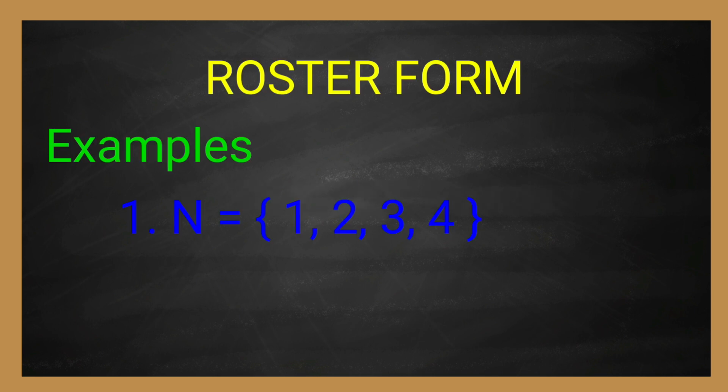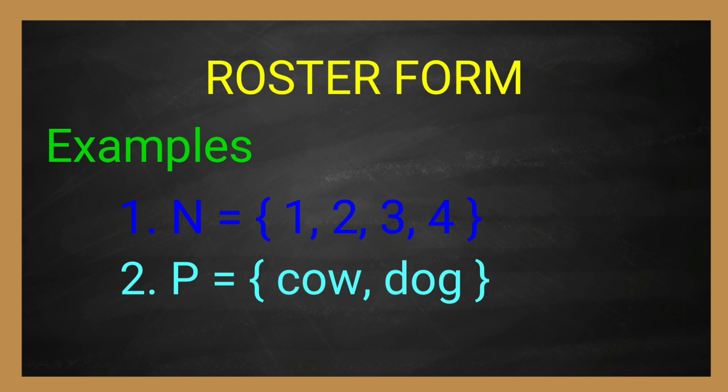For example, N is equal to the set of 1, 2, 3, 4. P is equal to the set of cow, dog.